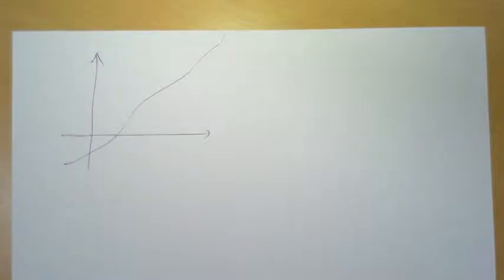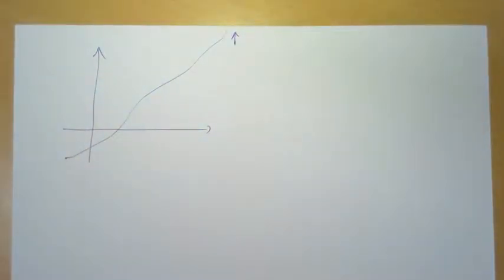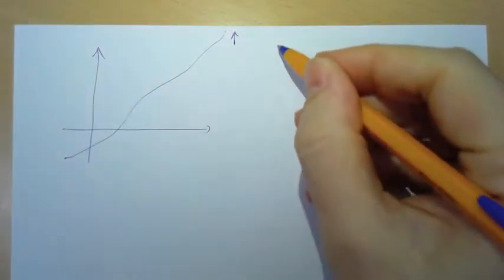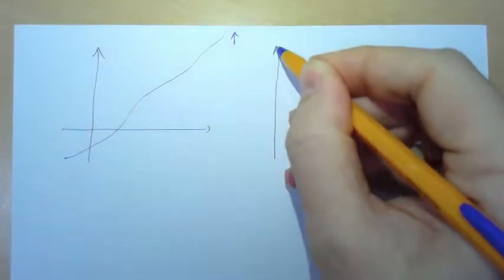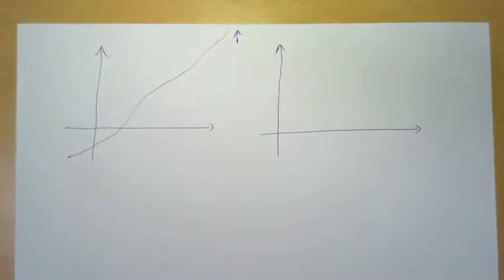Can we think of a counterexample? Can we think of a function that is always increasing but doesn't go to positive infinity up here? Can you? Well, in fact, if you haven't found the answer, you can just think back to the exercise we just saw a minute ago, because there was an example there of a function that is always increasing but doesn't go all the way to infinity.